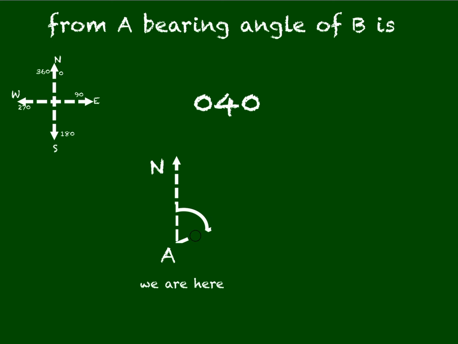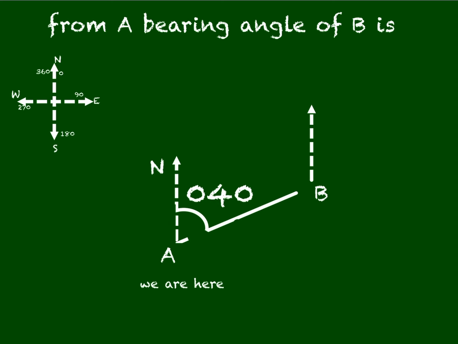Okay, stop, and it means B is somewhere here. What we don't know is the distance between you and B. We just know the angle. Okay, we are talking about this angle, 40. This angle between A and B is 40 degrees.